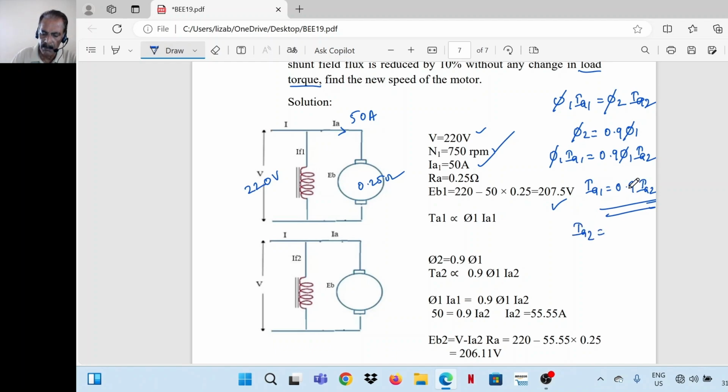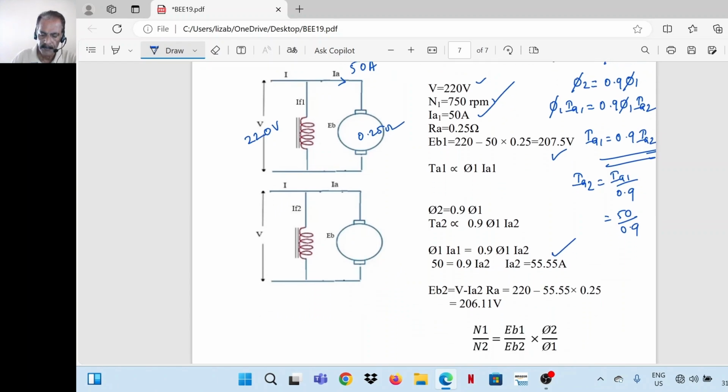Ia2 is equal to Ia1 divided by 0.9. So Ia1 is 50, divided by 0.9, that is 55.55. So EB2 we can calculate. EB2 is equal to V minus Ia2 into Ra, or 220 minus 55.55 into 0.25, 206.11.